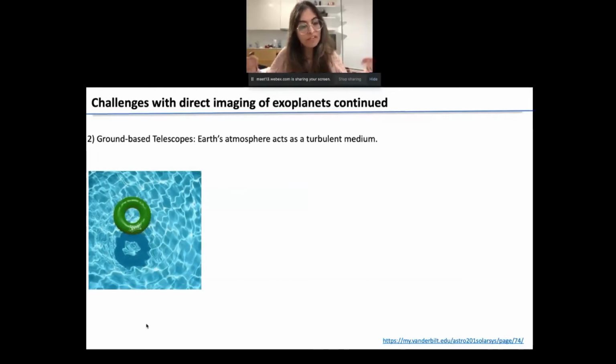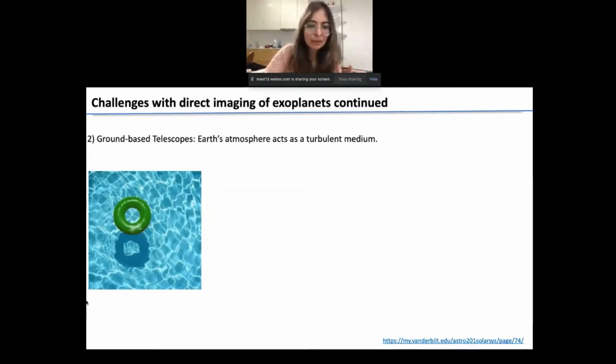But looking up at the star from the Earth is like looking down into a swimming pool, because we are looking through the Earth's atmosphere, and the Earth's atmosphere is very turbulent. It distorts the images of the star. The Earth's atmosphere is really an enemy for astronomers. It's just a simple example, like when you see a shadow of something underneath the swimming pool, and the water is turbulent.